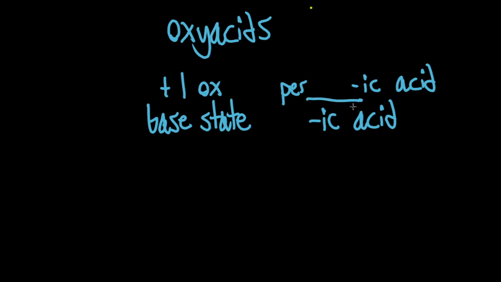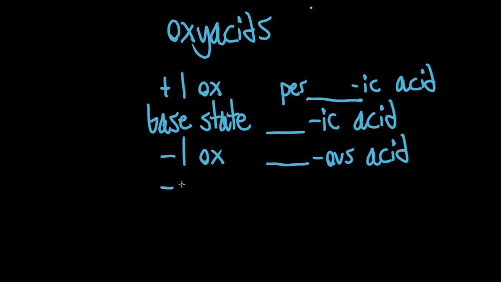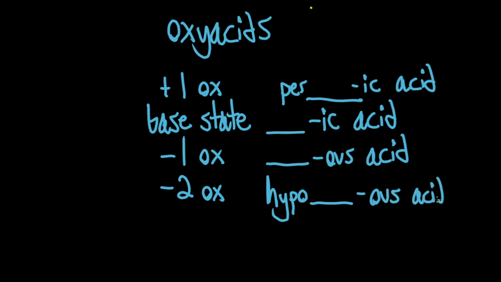So I could put a blank there and a blank there. If I take away an oxygen from my base state, I'm going to call it blank, us acid. And then if I take away 2 oxygens from my base state, it's going to be hypo, us acid. So you can see it's pretty similar to what I did for my oxy salts.